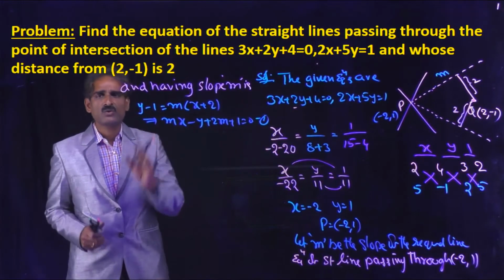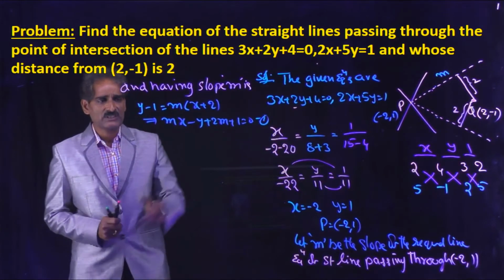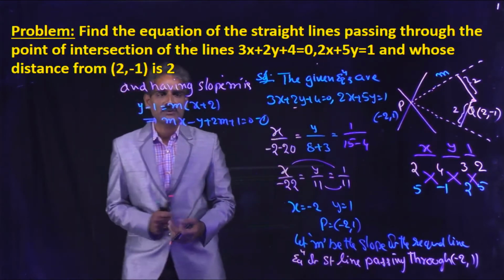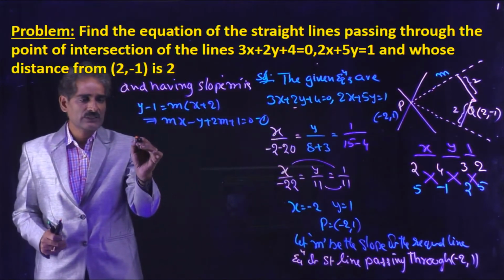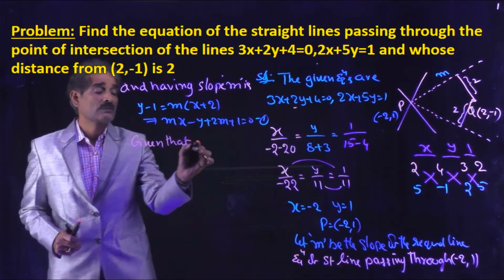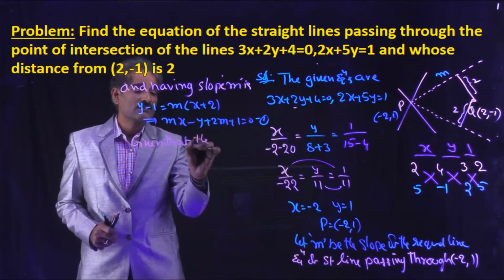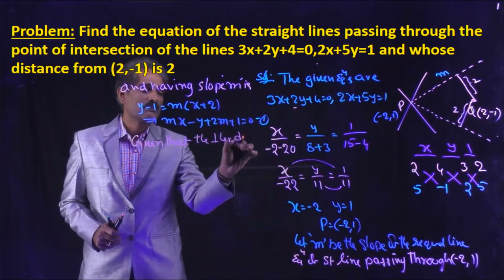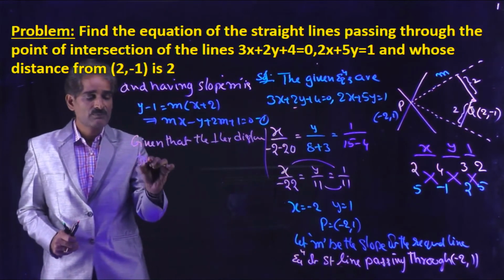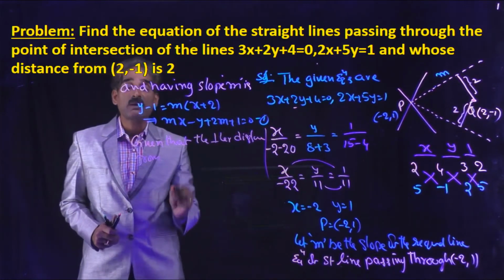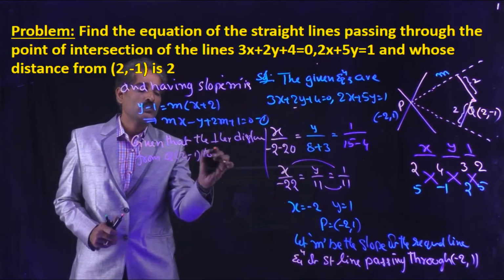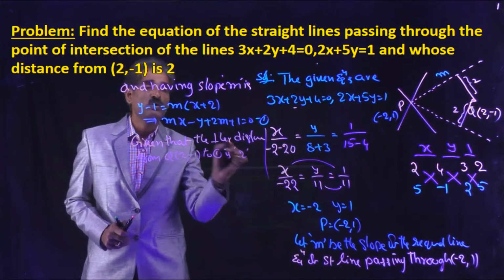Now here we have to find the m value. Given that this is the required equation, having 2 units distance from (2, -1), therefore the perpendicular distance from (2, -1) to line 1 is 2 units.